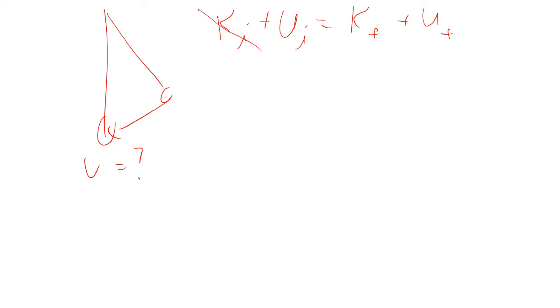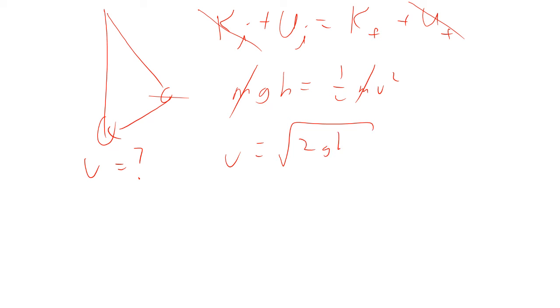The initial kinetic energy was 0 and the final potential is 0, so mgh equals 1/2 mv squared, so v is the square root of 2gh. We've done this problem before.